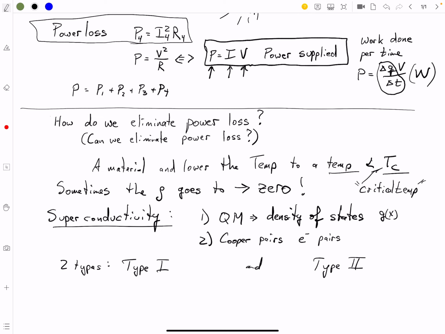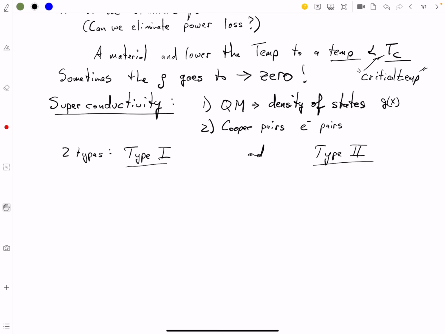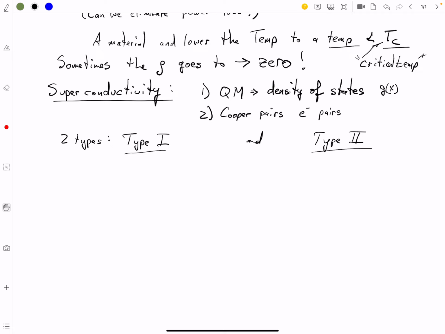I'm not even doing that. Let's not. We're going to just say there's two types.